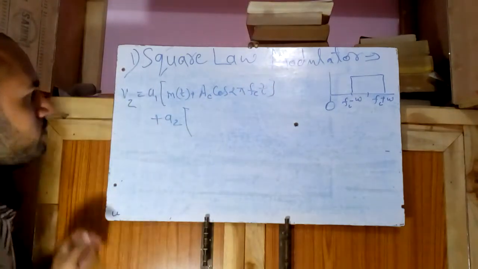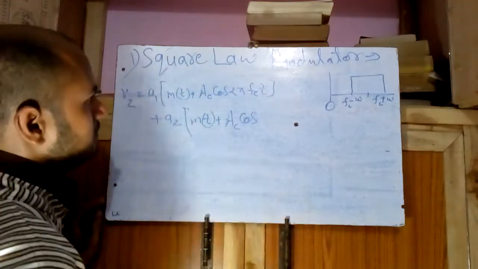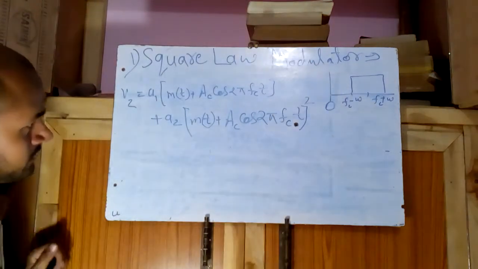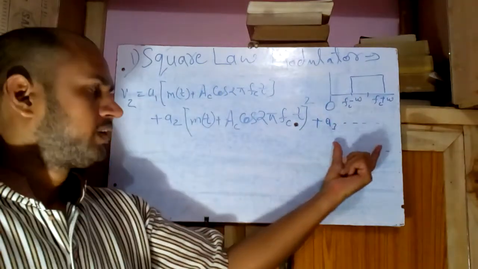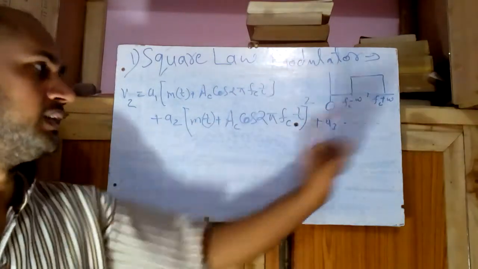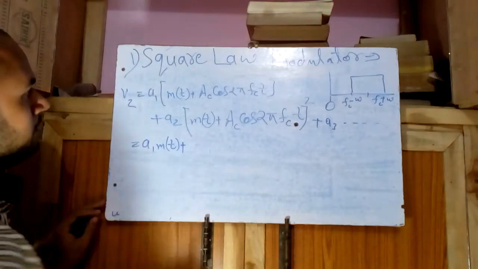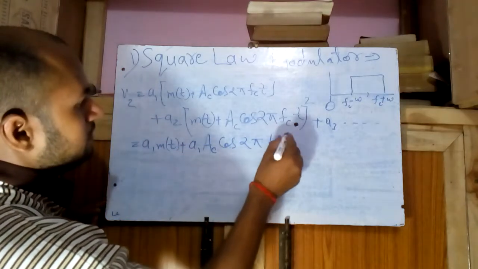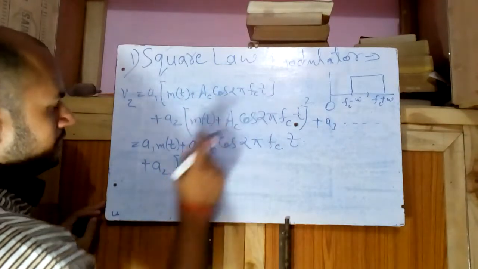plus A2 into MT plus AC cos 2 pi FCT square, and plus A3 dot dot dot dot, that has a very high frequency which will be rejected by band pass filter. So I am not writing here, only this A1 MT plus A1 AC cos 2 pi FCT plus A2 into A square plus B square plus 2AB.